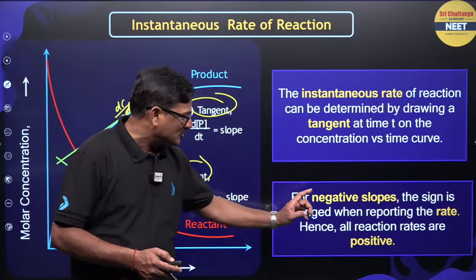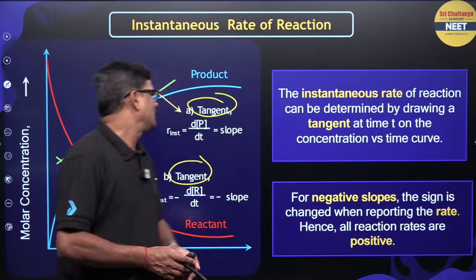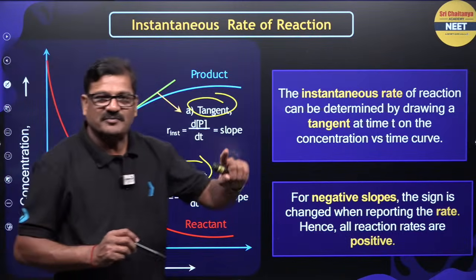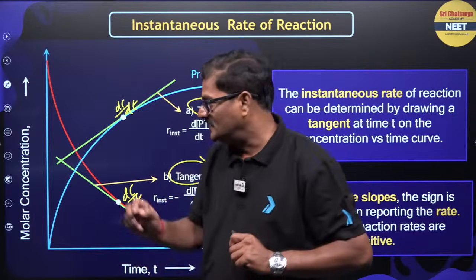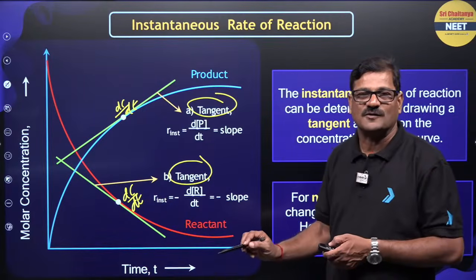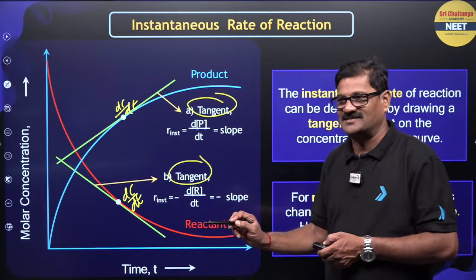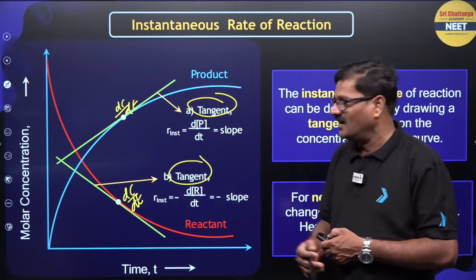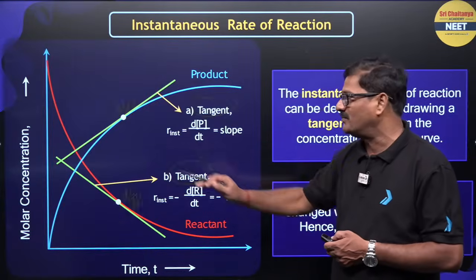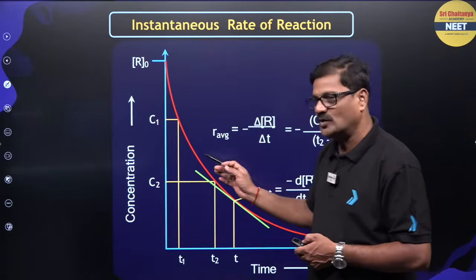For the negative slope and the positive slope, you see, a positive slope indicates the rate of appearance of the product. The negative slope indicates the rate of disappearance of the reactant. And you can use different graphs. I have made one graph each.